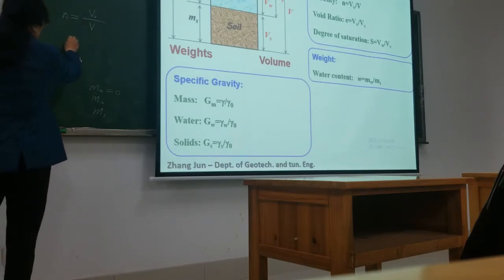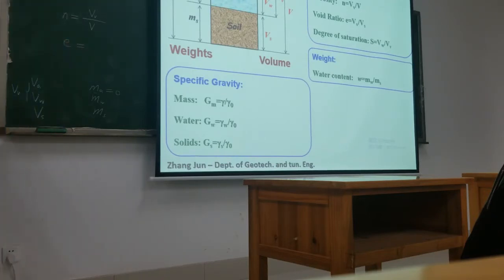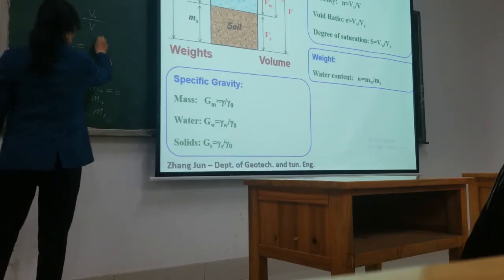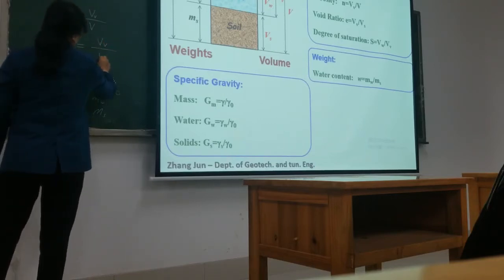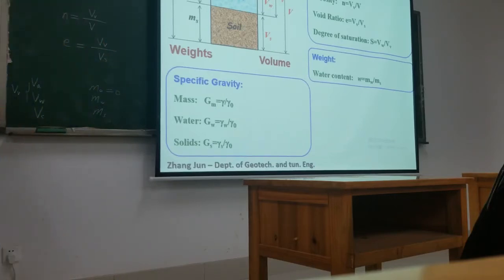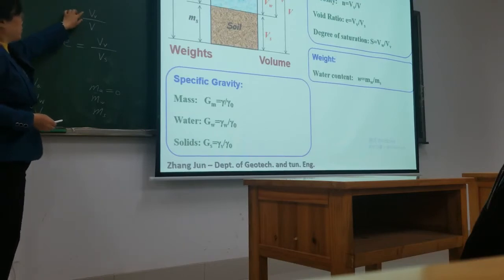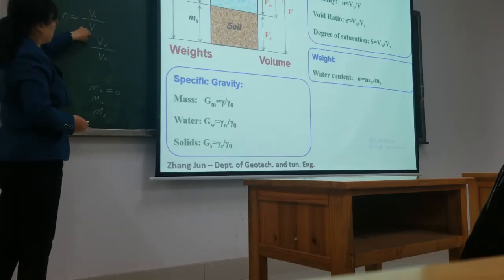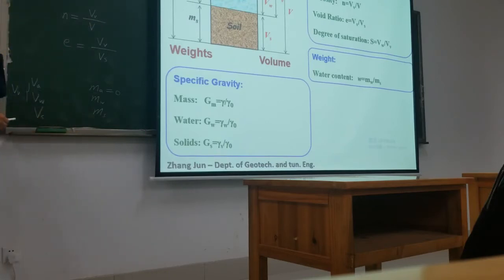And the void ratio e is VV divided by VS. The two parameters maybe here are different, okay?